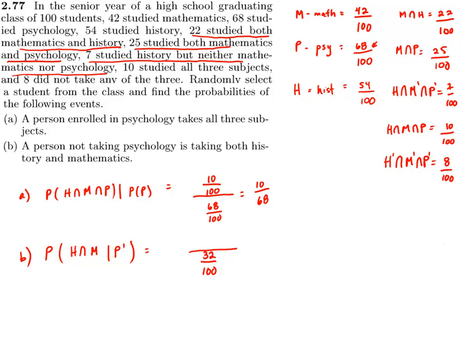And the probability that the person is taking history, math, but not taking psychology: we have 22, but this is saying, okay, it's taking both, so this is 22.